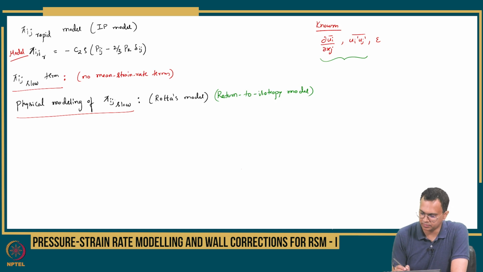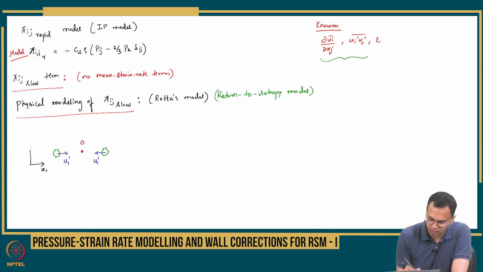So here, first I am going to consider a point, let us call it O, and then I am going to say there are two fluid particles here. These two fluid particles are bouncing against each other, and they are carrying a fluctuation u1 prime, and I will have this coordinate like this.